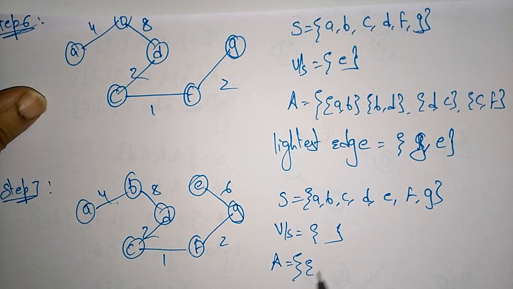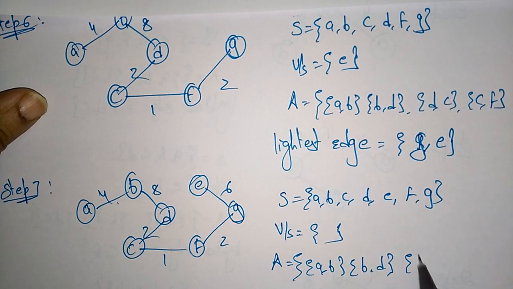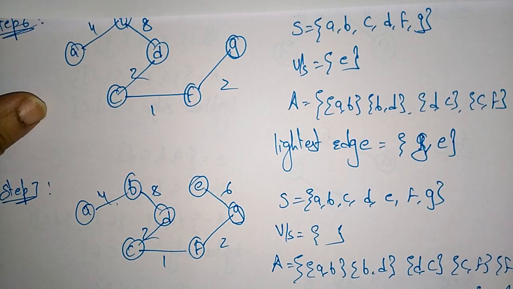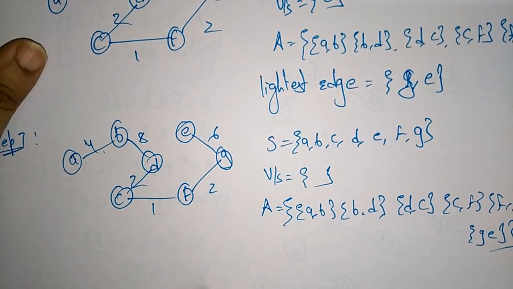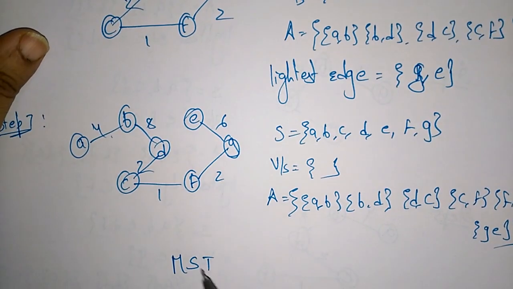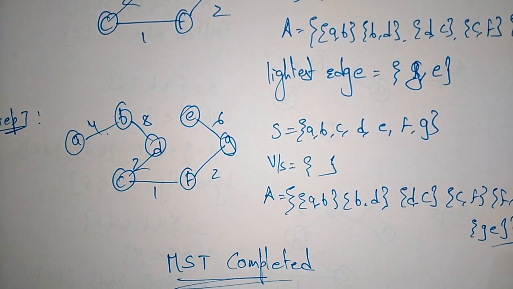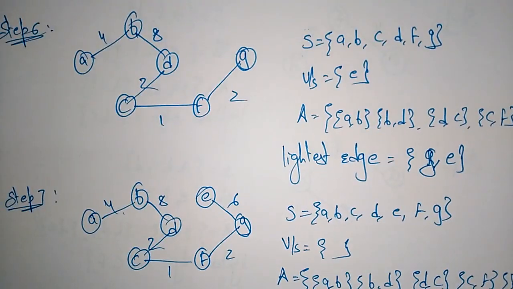And the connected edges are AB, BD, DC, CF, FG and GE. So now the MST is completed. The minimum spanning tree is completed. So this is about Prim's algorithm. Thank you.